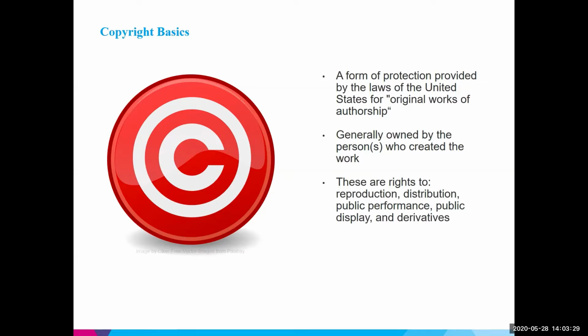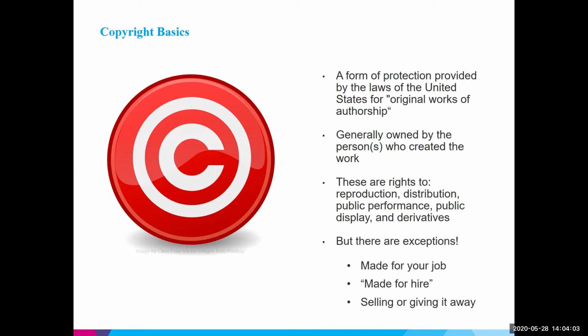And as I said, generally these are owned by the people who created the work, but there are exceptions. The first exception is if you created a work in the course of your employment, then the copyright belongs to your employer. The second is if you are an independent contractor and the work is designated as made for hire in the contract that you sign, then whoever you sign the contract with is the copyright holder, and it's not the independent contractor.